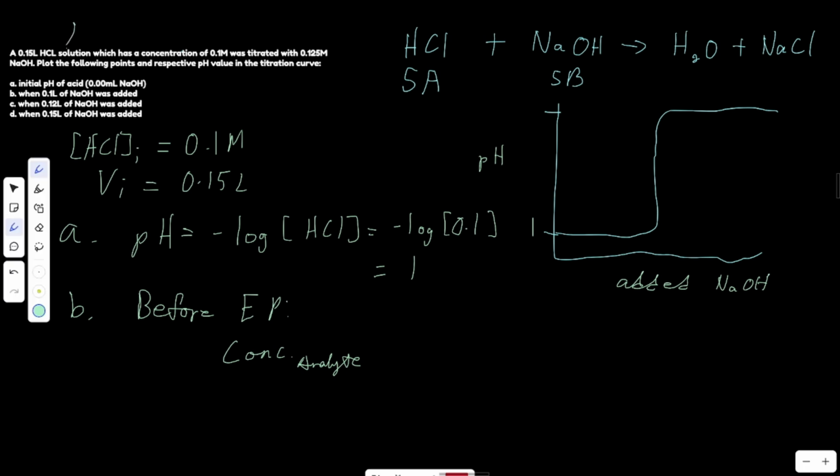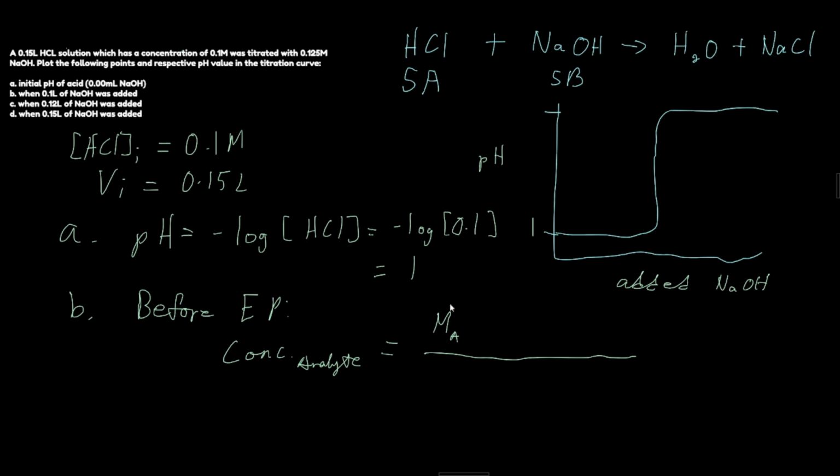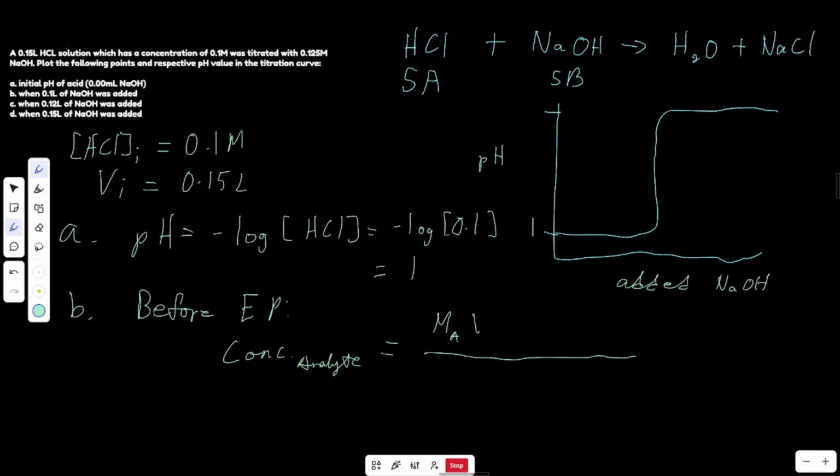So since we're analyzing HCl, we know that that's what we want to get. The concentration of the analyte before the equivalence point is going to be equal to the molarity of the analyte times the volume of the analyte, minus the molarity of the titrant and the volume of the titrant, over the total volume.